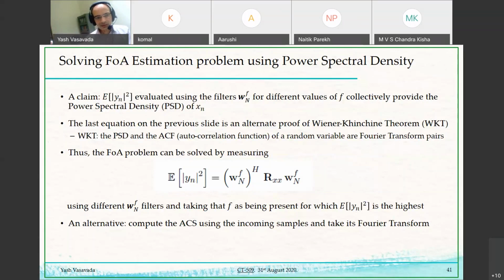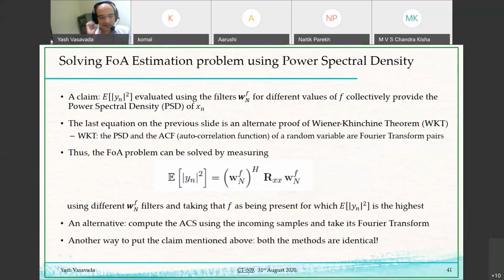Okay. Actually, as I was telling you, this was a trick question. In fact, both the answers are the same. They are identical. That is what the very first bullet says actually.